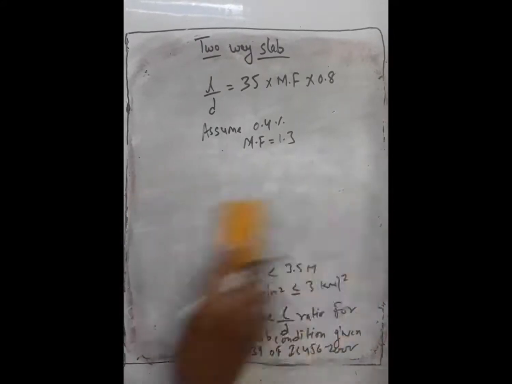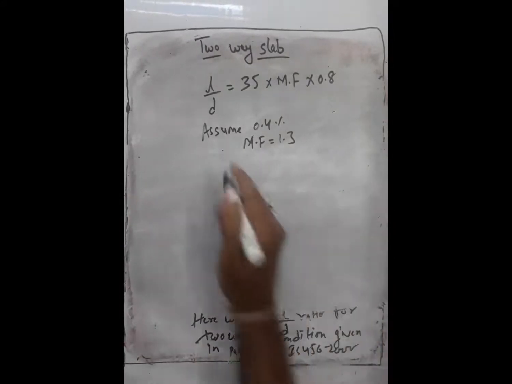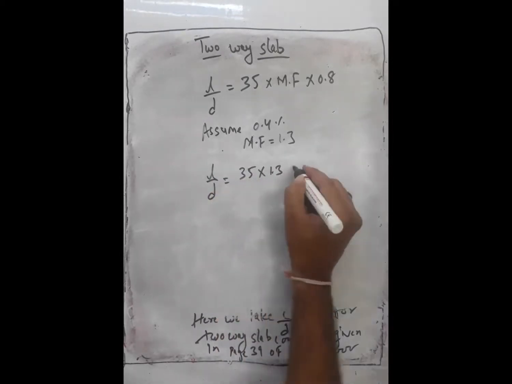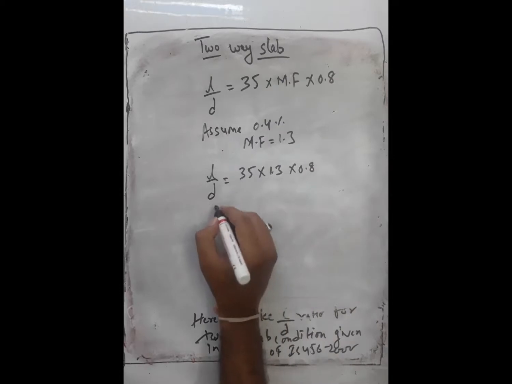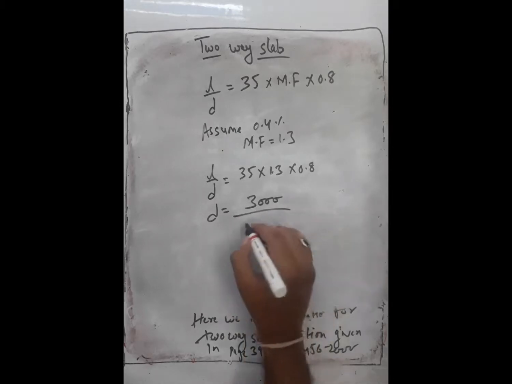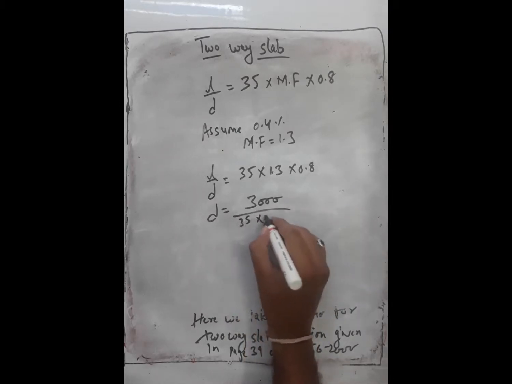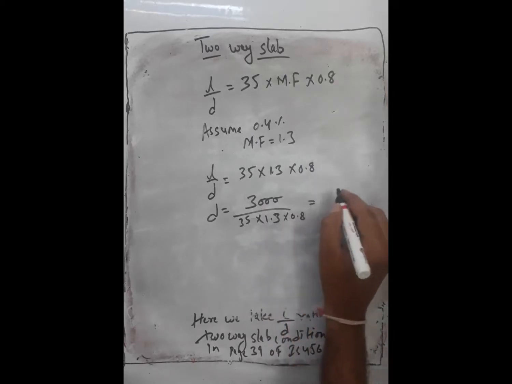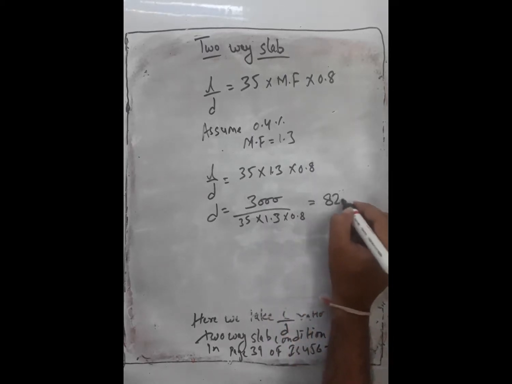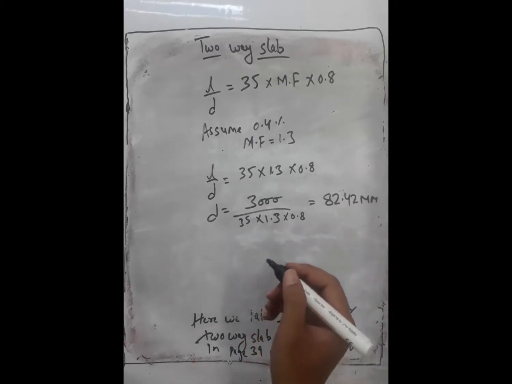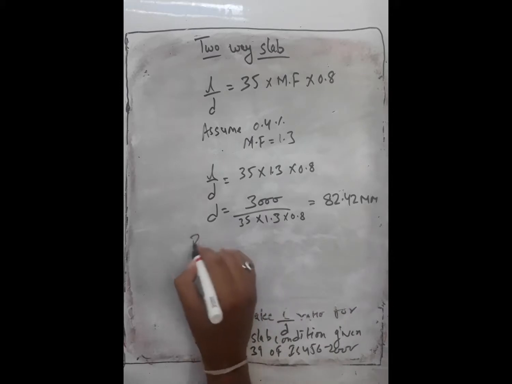Now put this modification factor value in our L by D ratio equation. So 35 into 1.3 into 0.8, and L is given as 3000, so d is equal to 3000 divided by 35 into 1.3 into 0.8. Here we get 82.42 mm.